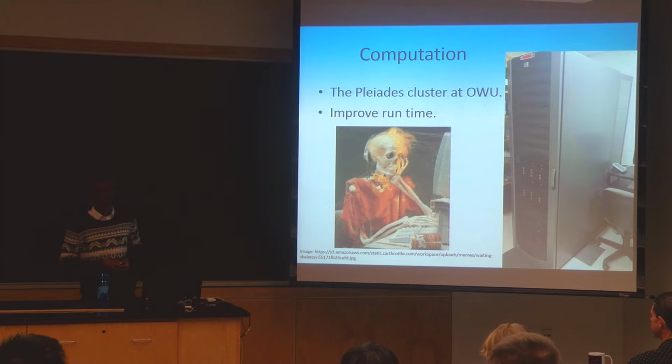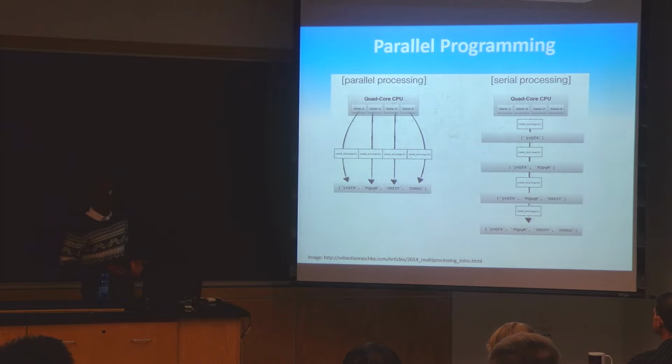And one of the ways that you can do this is through parallel programming. For example, in serial programming, if you code, you might have an array, which is just a set of items, and you want to go through each element of the array.